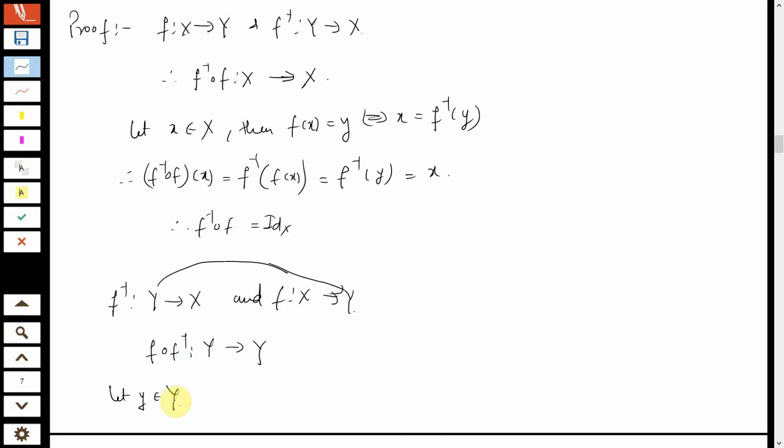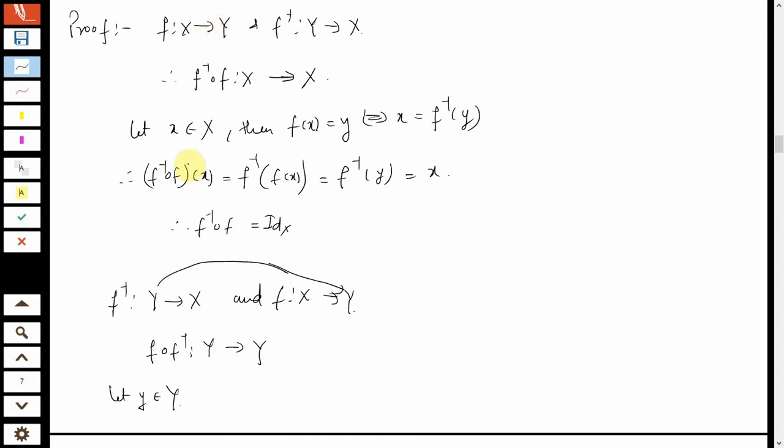But since y belongs to the codomain of this function f, and f is a surjective map, there is a point in X such that f of x is equal to that y. Since we also know that this is a bijection, that is, an injective map, there is only one such point such that f of x is equal to y.